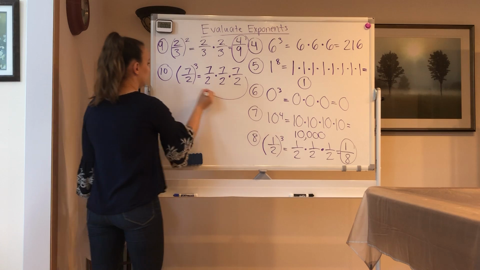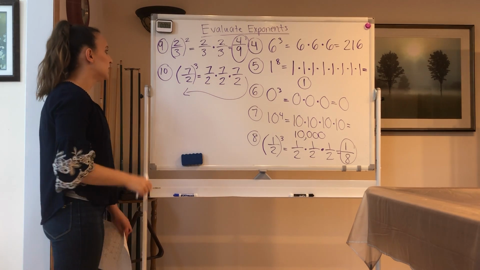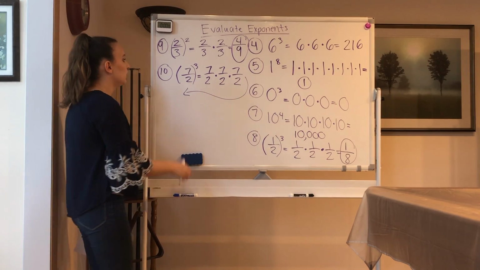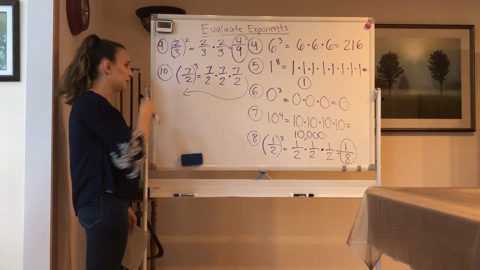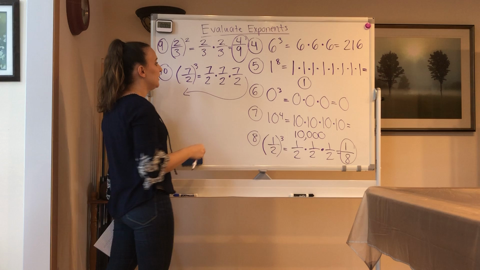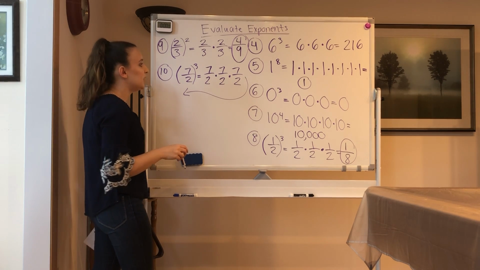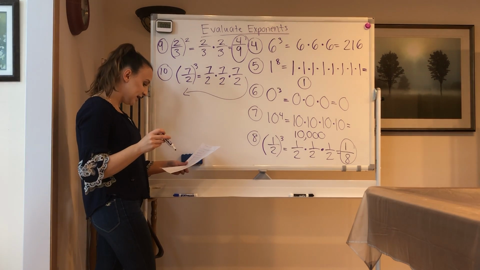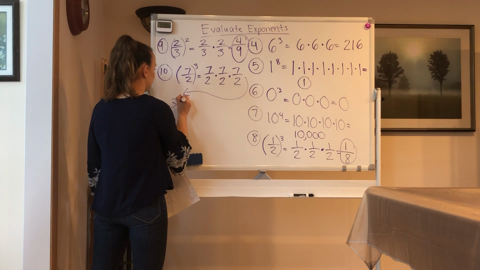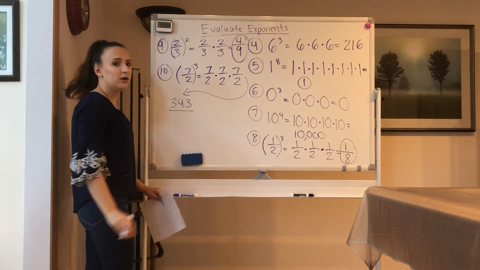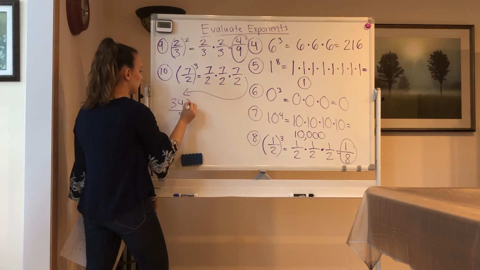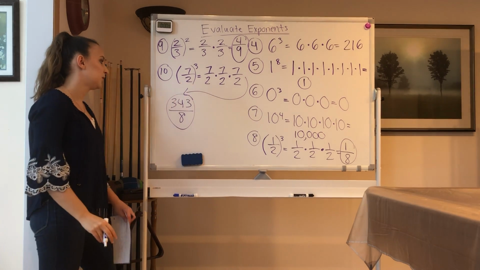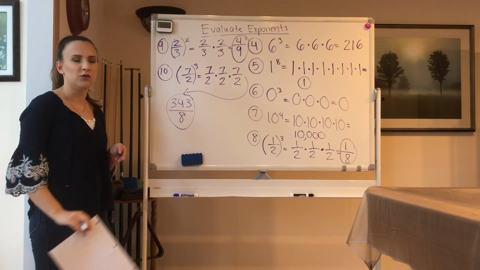I'm going to move down here, okay, so you can see. So 7 times 7 times 7, you'll probably have to do that in the calculator. 7 times 7 is 49, and then times 7 is 343. Over 2 times 2 is 4, times 2 is 8. So 343 over 8. You can just keep it like that. You don't have to convert it to a mixed number.